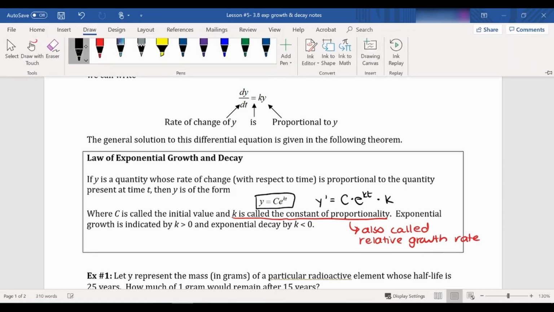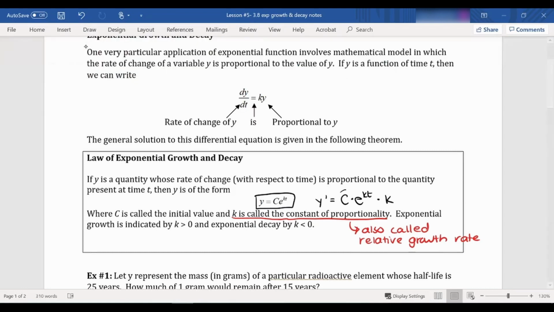Now, if I rearrange this y equals C times e to kt, we will see that this here is the same as this y we started with. So in other words, y prime is equal to y times k, or dy dt, which would be the same as y prime, is equal to ky.